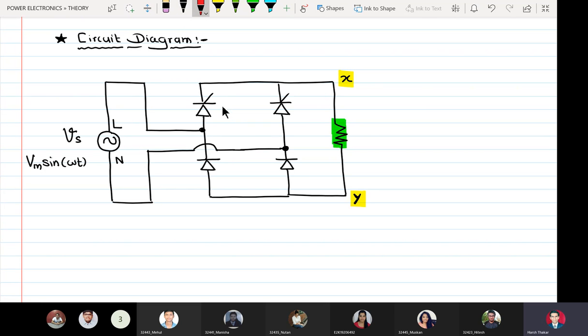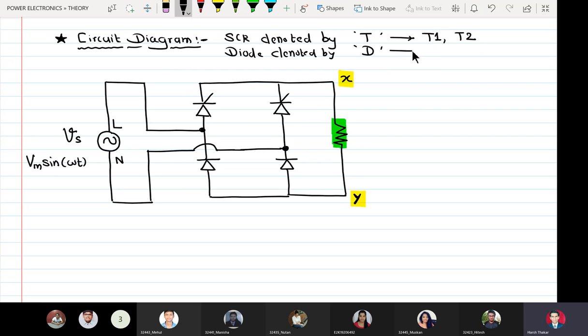So we will represent an SCR with alphabet T, diode with D. SCR denoted by T, and diode denoted by D, right? So because we have two SCRs, we will be having T1 comma T2. Because we have two diodes, it will be D1 comma D2.